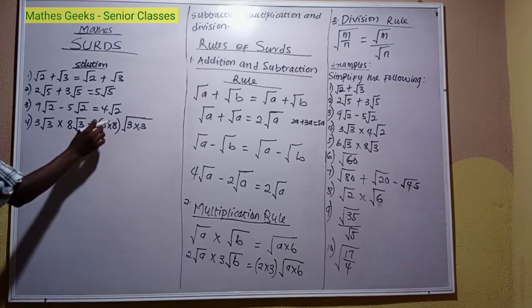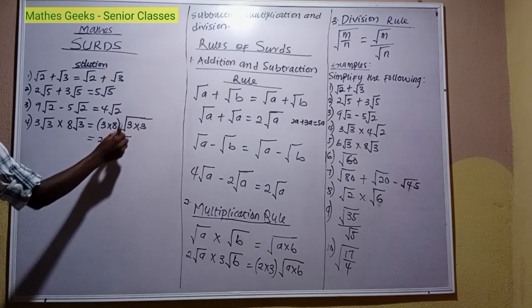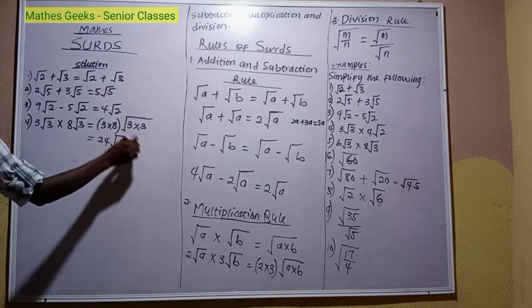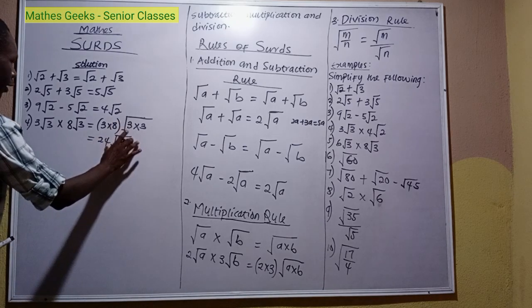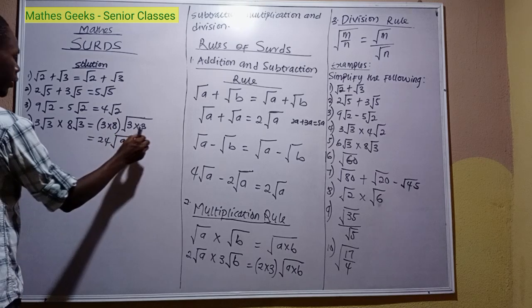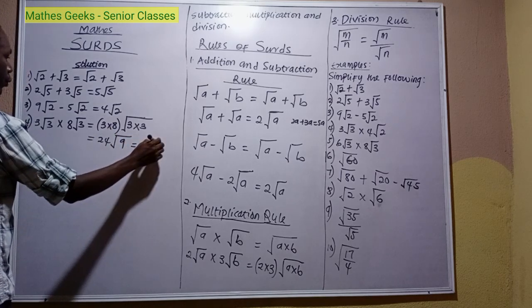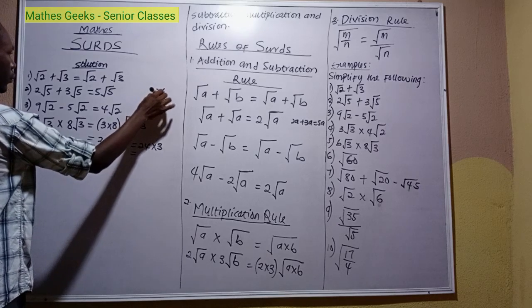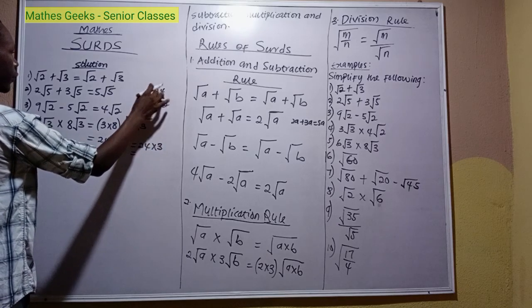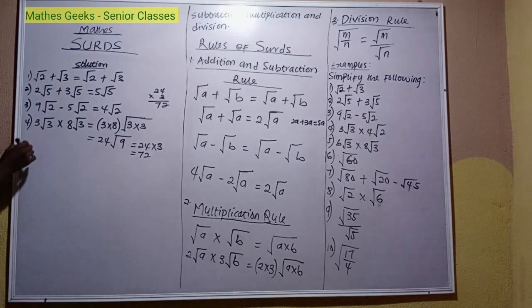So 3 times 8 is 24, and then 3 times 3 is 9. 9 is a perfect square, so we can get the exact value for it. The square root of 9 is 3, so 24 times 3 is 72.